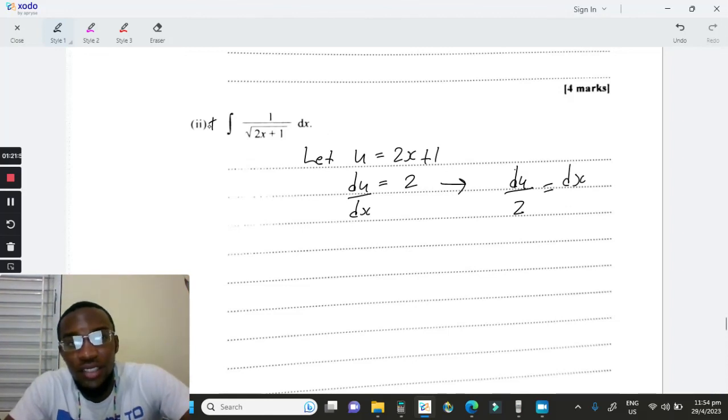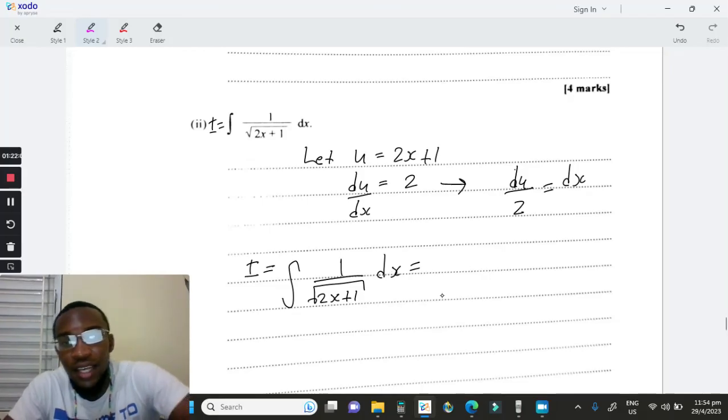I'm going to call this integral I. So I is equal to the integral of 1 over the square root of 2x plus 1 dx. But this dx becomes du over 2 by transposition. And the square root of 2x plus 1 we'll call u.